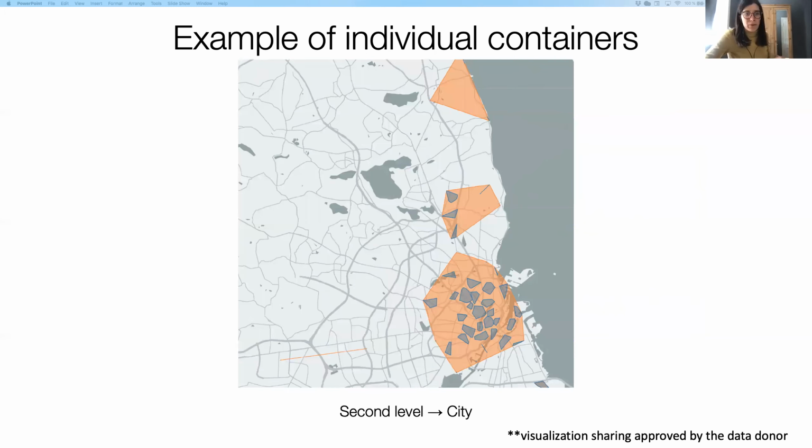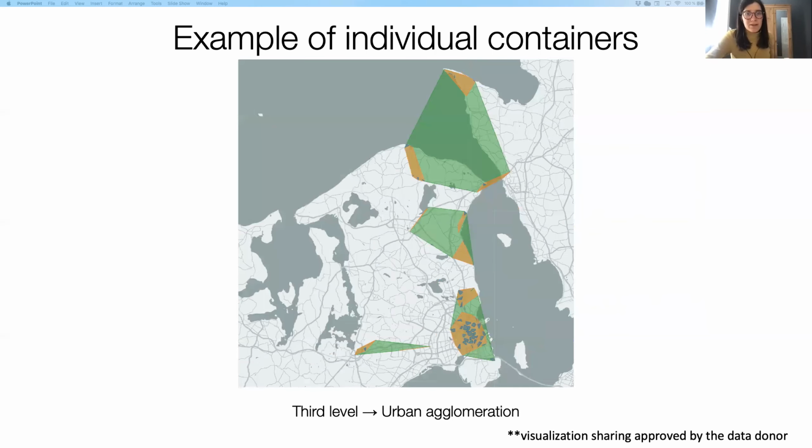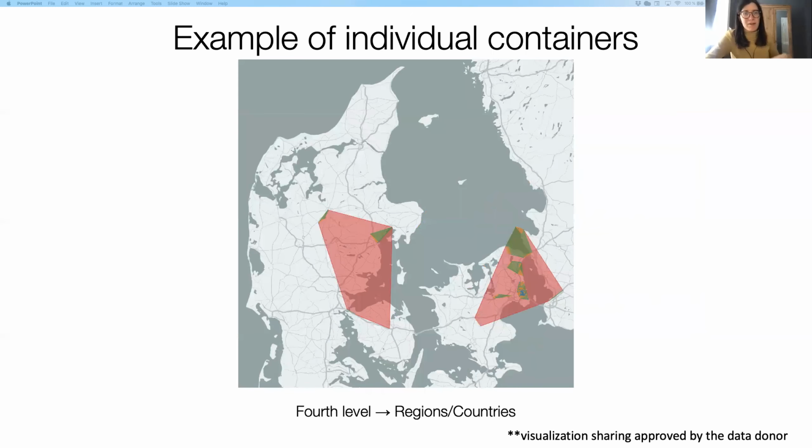And then at the following level, we can find cities that encapsulate neighborhoods. We can find regions that encapsulate cities. We can find macro regions that encapsulate regions, and so on, up to the scale of the continent. And basically we did this. So we found these polygons for 1 million people in this dataset located all over the world.